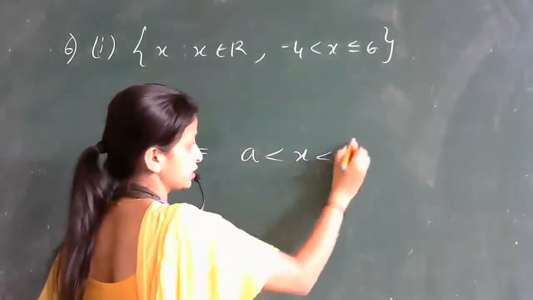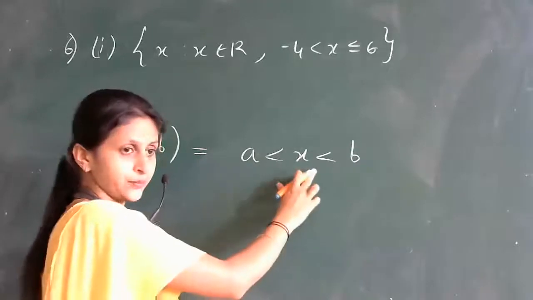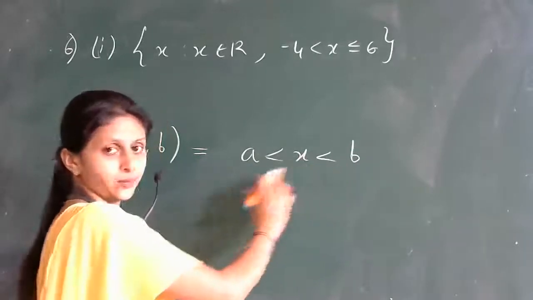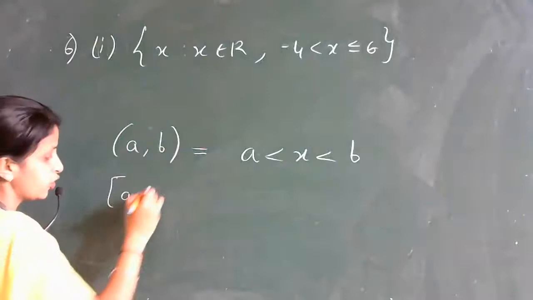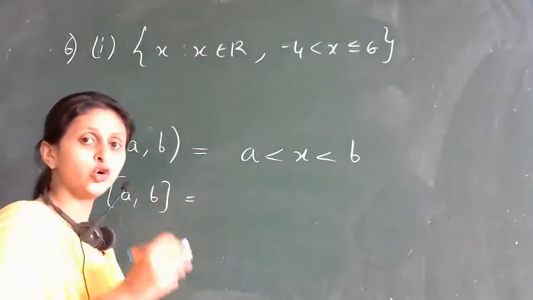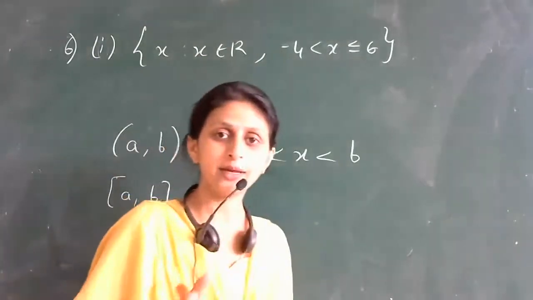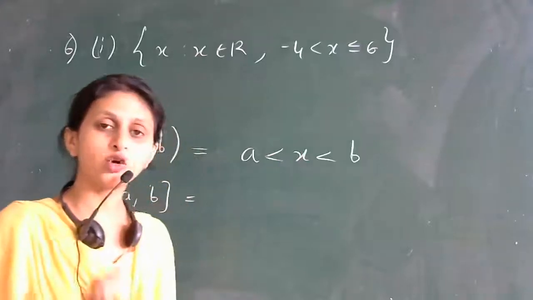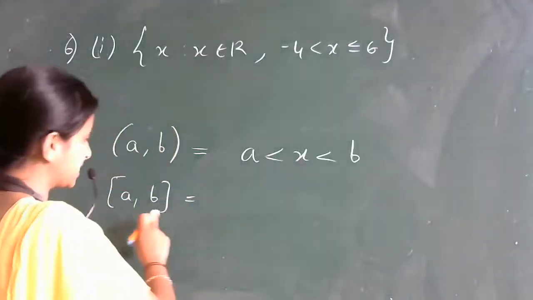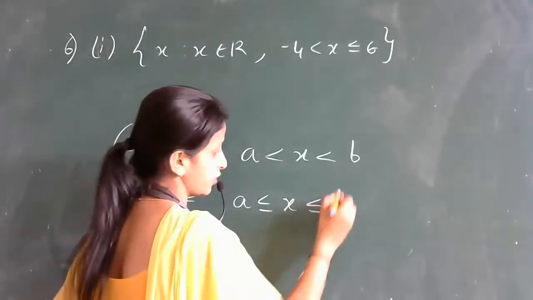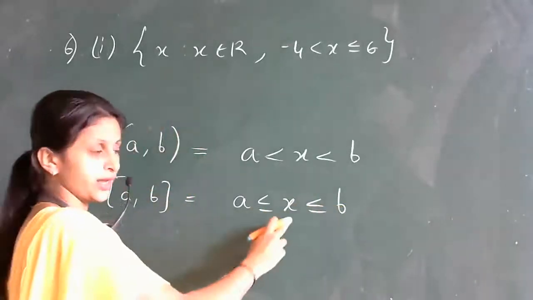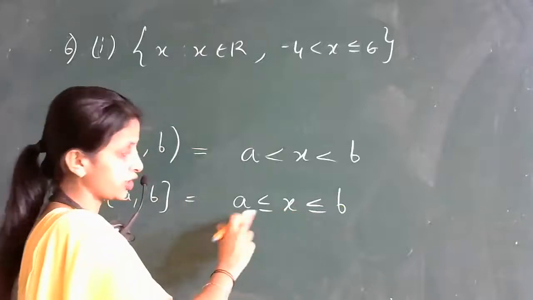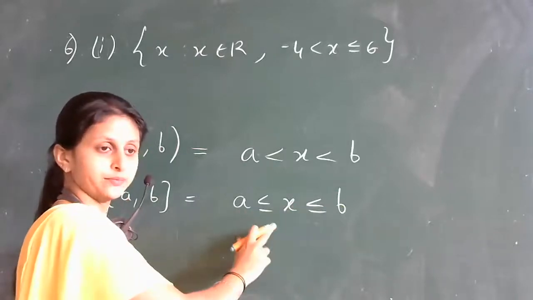It would look something like this, strictly less than. But what about the closed interval [a, b]? It will include all real numbers between a and b, as well as the endpoints. So you will write it as a less than or equal to x less than or equal to b. Here you can observe the endpoints are included, right?